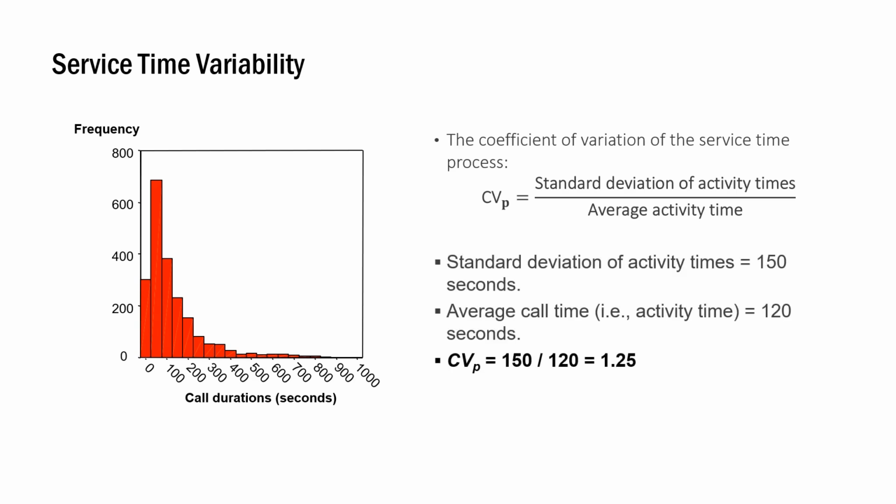For example, if the standard deviation of activity times is 150 seconds and the average call or activity time is 120 seconds, the CVP is calculated as 150 divided by 120, giving us a CVP value of 1.25.